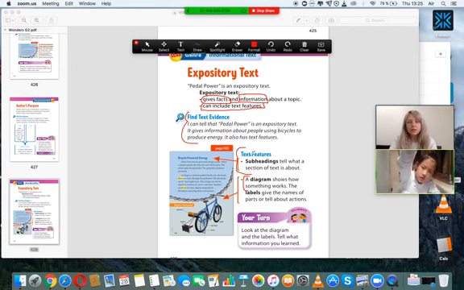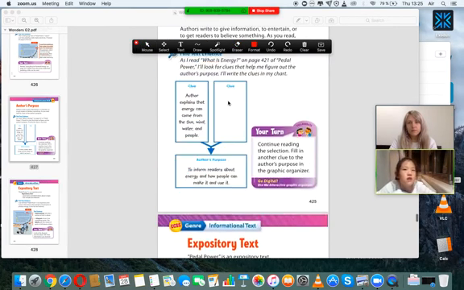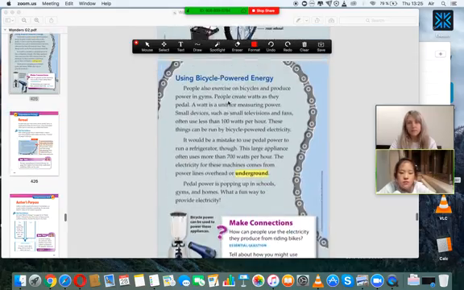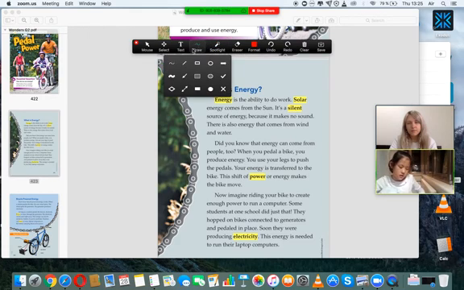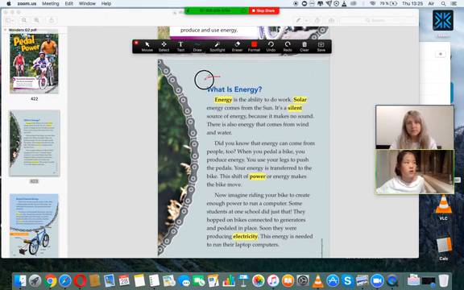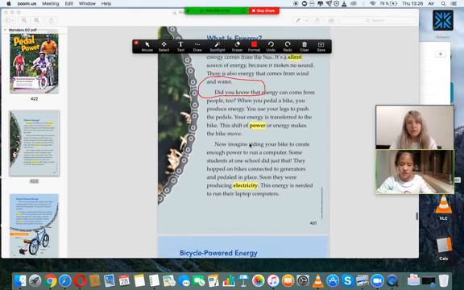So try to explain to me in your own words. What are these subheadings? How do you understand it? It tells me. So this is a subheading that is above.